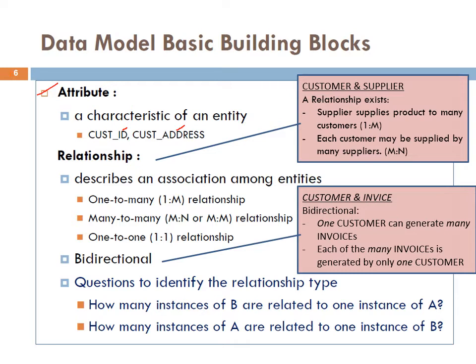Next building block is relationships, which describe an association among entities. For example, here we have customers and suppliers as entities. So a relationship exists, might be a supplier supplies products to many customers, or each customer may be supplied by many suppliers.